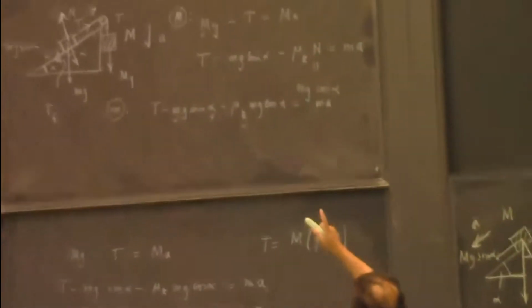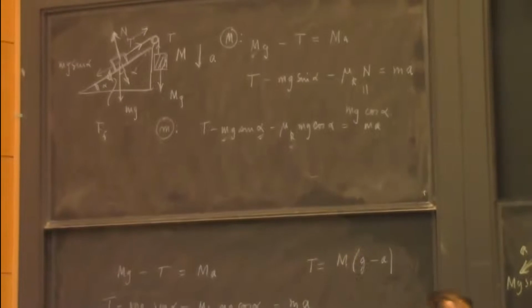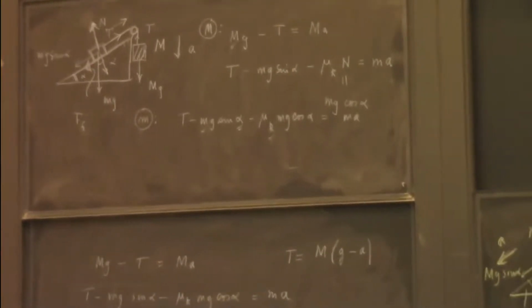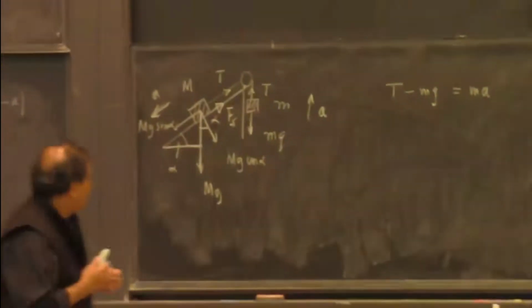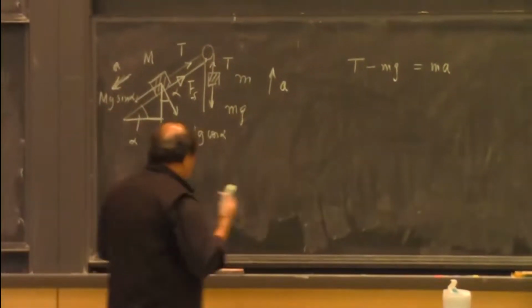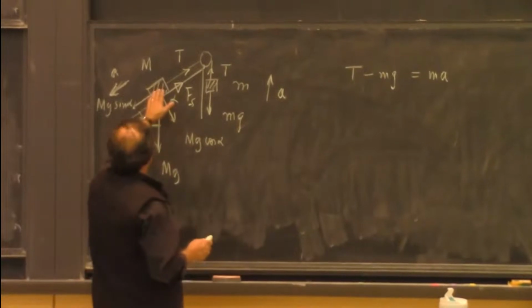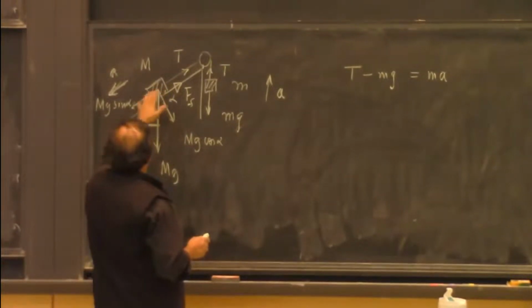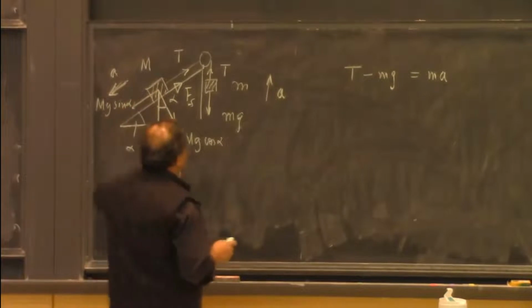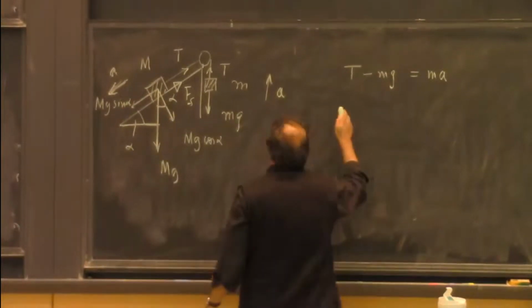When the big mass is on the right and going down, it's big Mg minus T is Ma. Now it is T minus mg equal to ma. So the thing is flipped. So that's one very important difference that you must be able to pull out of these problems. So as far as this one is concerned, the winning force here has to be the downward force. So I look at it in the following way.